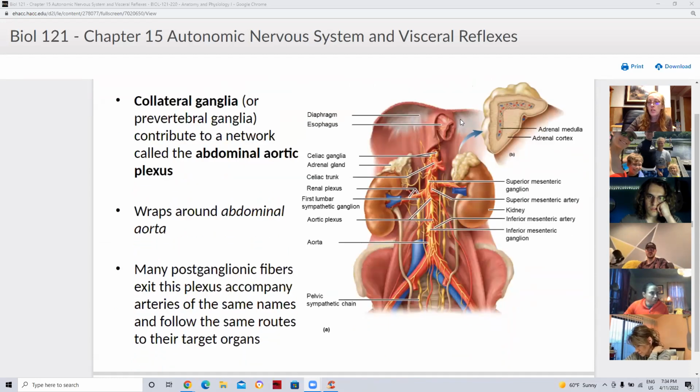Many postganglionic fibers are going to exit this plexus and accompany arteries with the same names and follow the same routes to their target organs. So the collateral ganglia is going to become a plexus that's going to wind itself around the abdominal aorta.